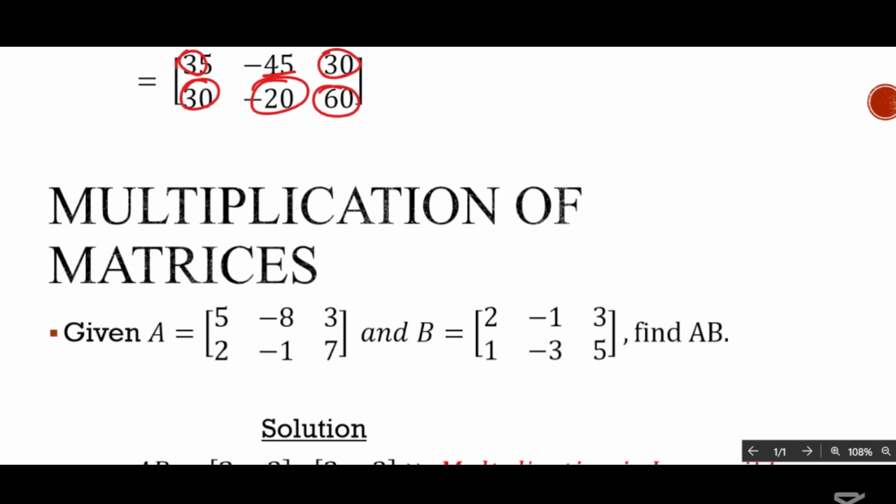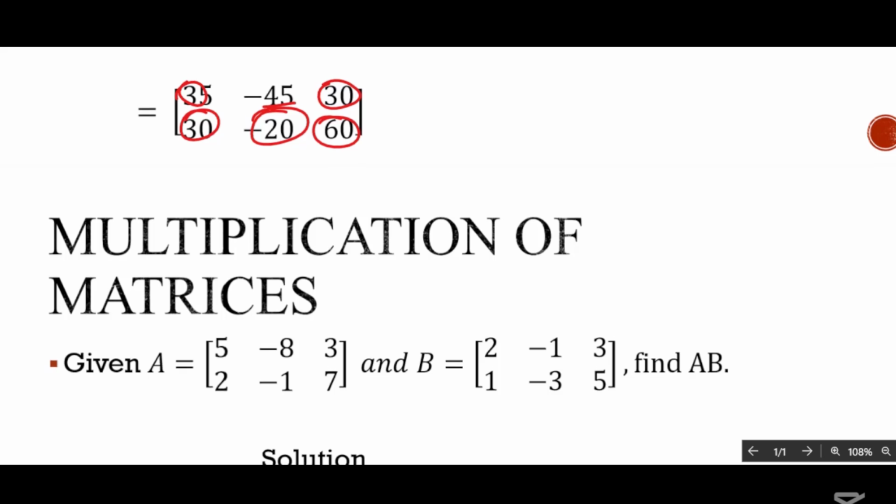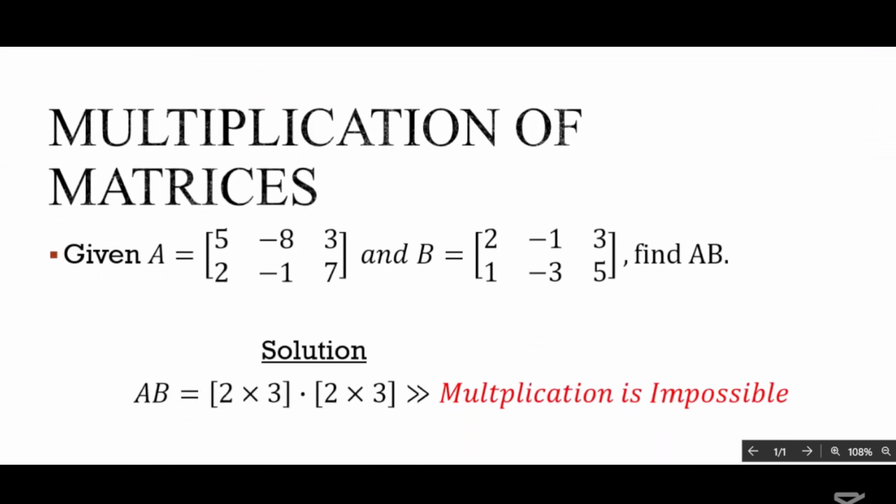Now let's talk about multiplication of matrices. This is a very crucial aspect that we need to be very careful of. Before you can multiply two or more matrices, you need to check their dimensions.